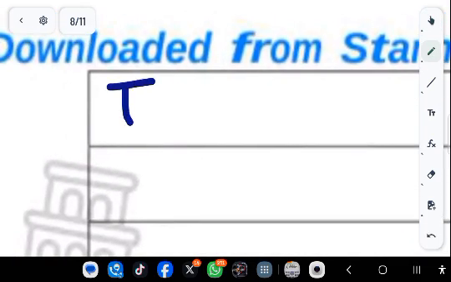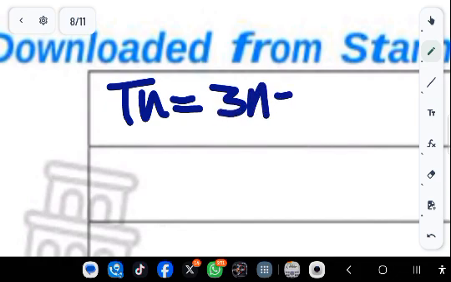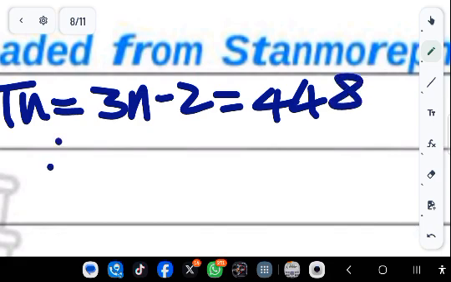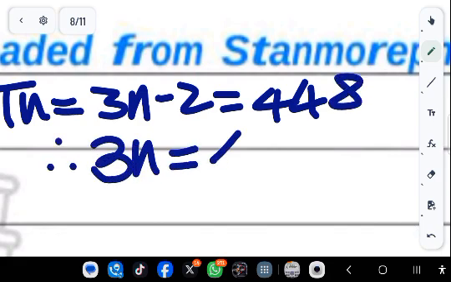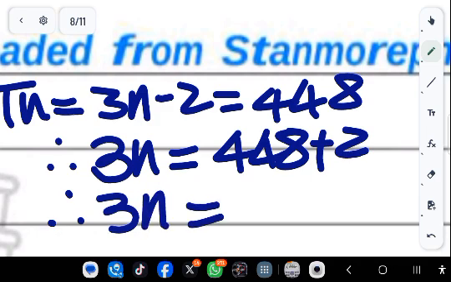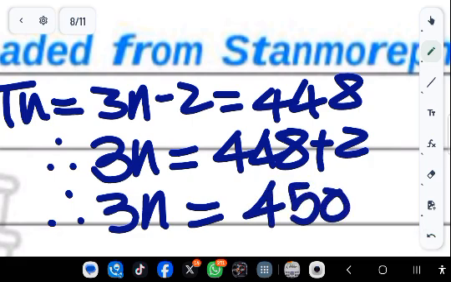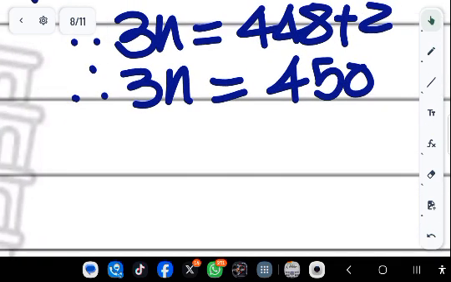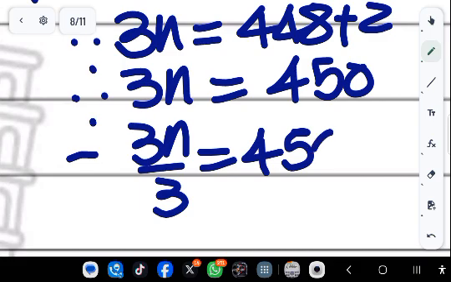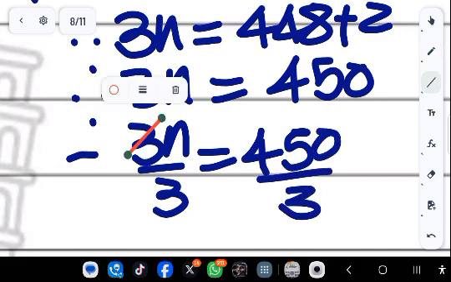So we went Tn equals 3n minus 2 equals 448. Therefore 3n equals 448 plus 2. Therefore 3n equals 450. Now we divide both sides by 3. Therefore 3n over 3 equals 450 divided by 3. The 3's cancel out over here.